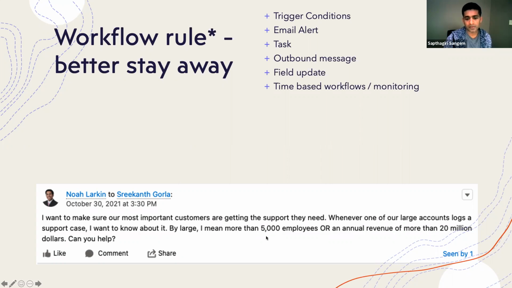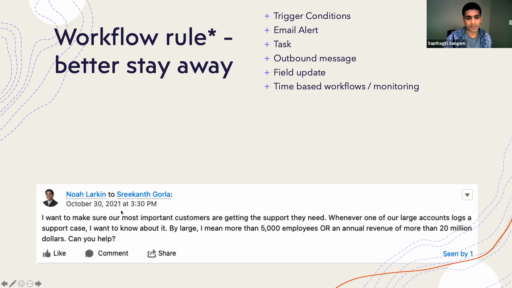To get to that, we can write one workflow on the case object. The trigger condition is every time a case is created and the account has either 5,000 employees or 20 million annual revenue. Then we can use an email alert.